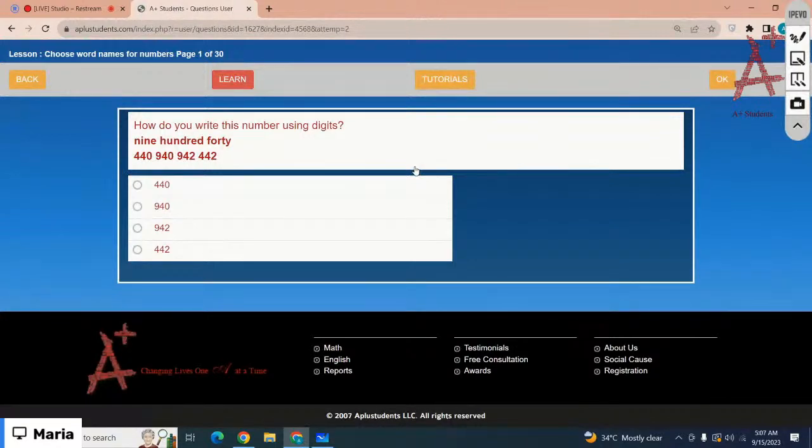So which is the correct option? 940. That would be the second option, right? We can write 940 like this, right? 940.